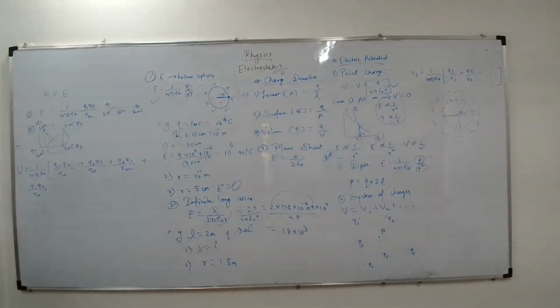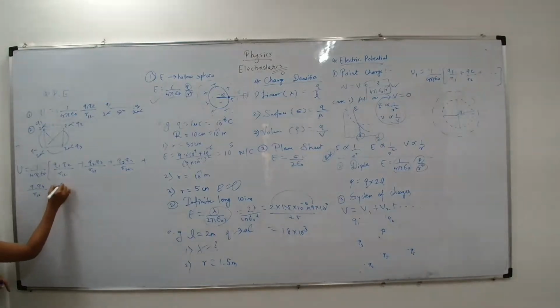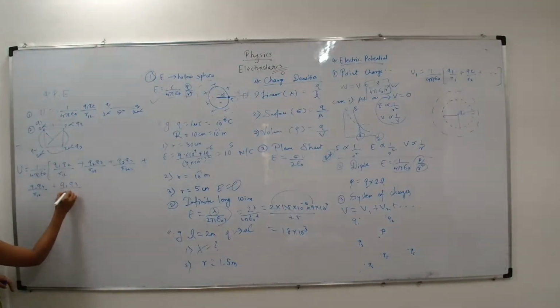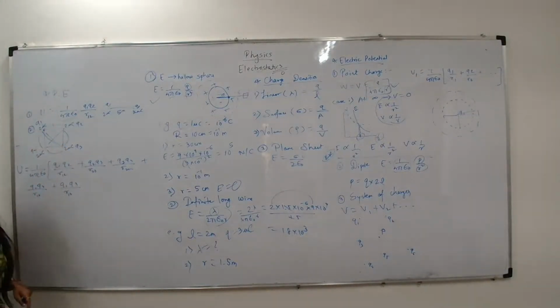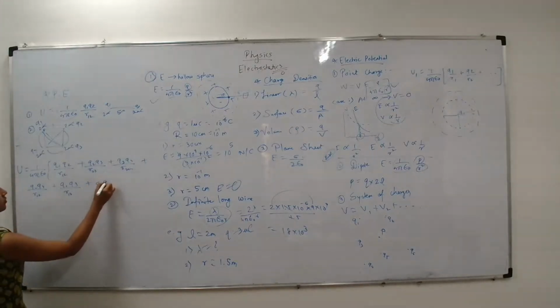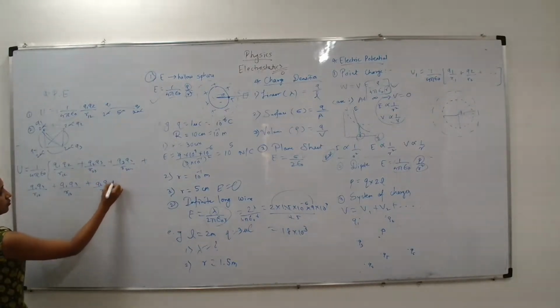Done with all the pairs? Two pairs remain. Which ones? The diagonal pairs: plus Q1 Q3 / r13, plus Q2 Q4 / r24.